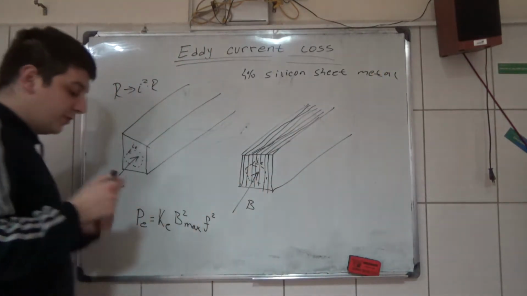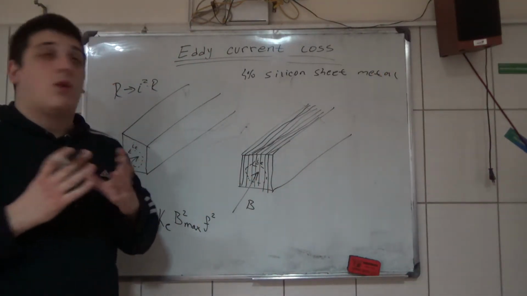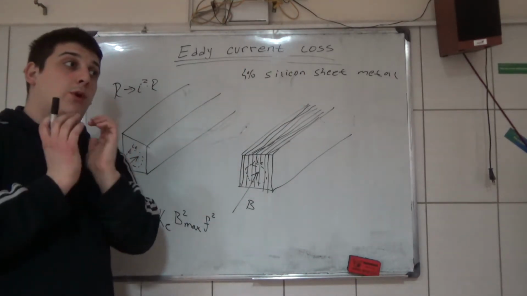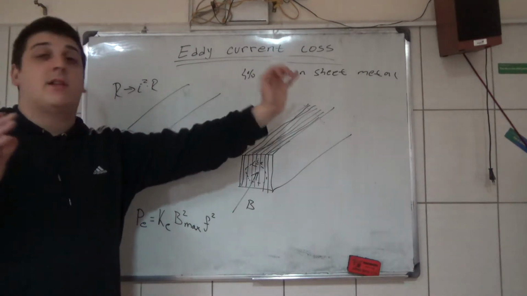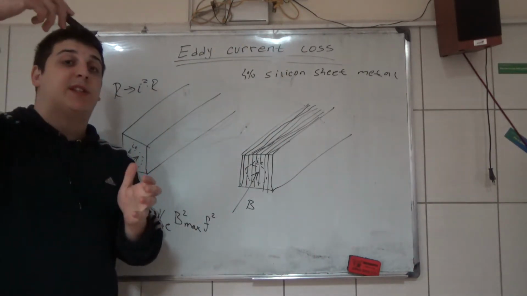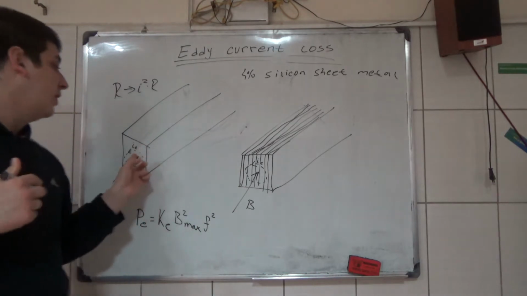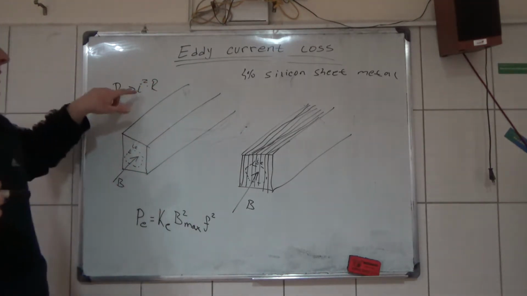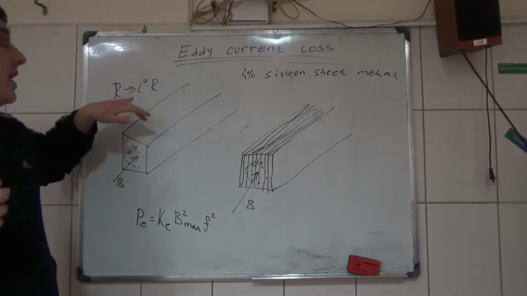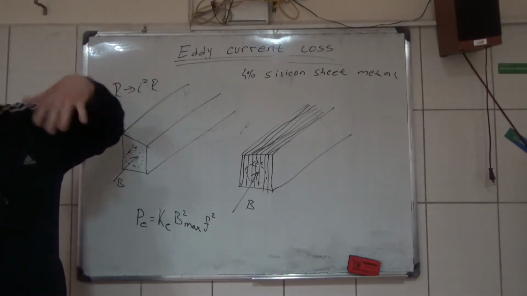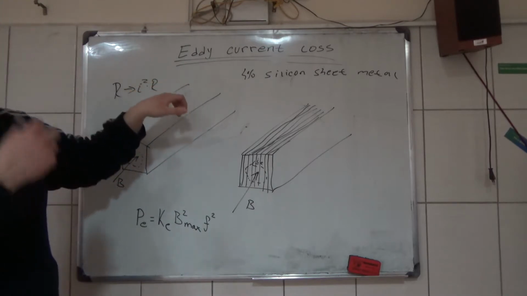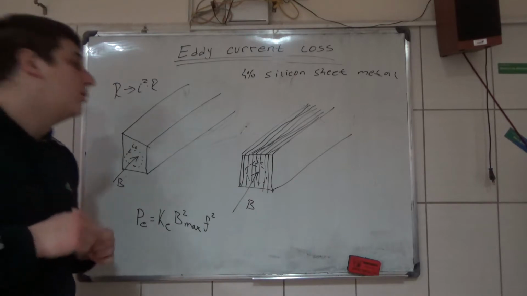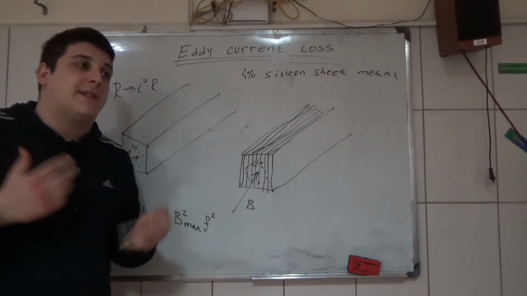So you have to forge the magnetic core with silicon sheet metal that has 4% silicon. The higher the resistance of the magnetic core, the smaller the current, and the loss will be smaller, because I squared is what makes the loss. So that's the first way.